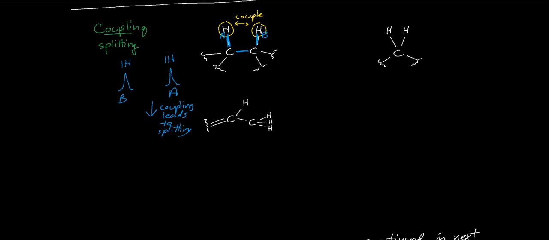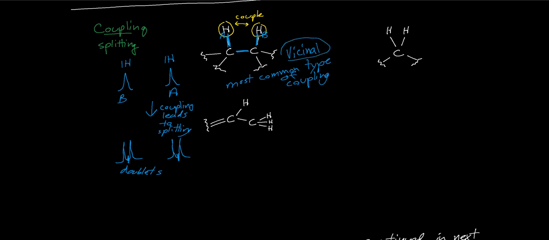And therefore, proton B will be split once by its neighboring hydrogen, and A likewise will be split once by B. You would end up then seeing a doublet at each chemical shift value. So a pair of doublets, I guess you would say. This is the most common type of splitting. I should say most common type of coupling, and it's called vicinal coupling.